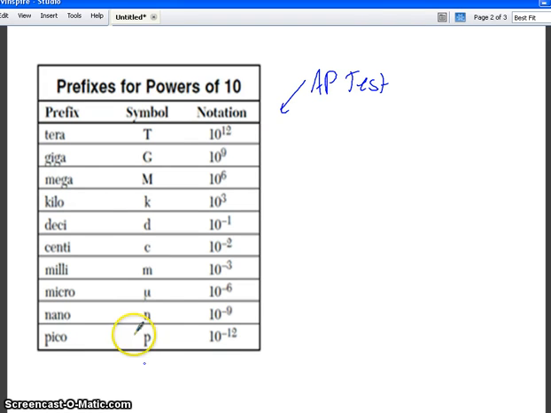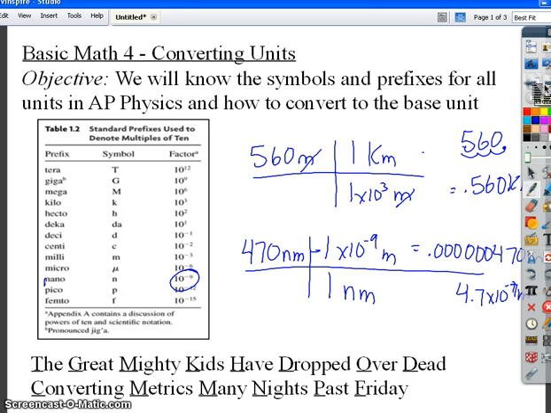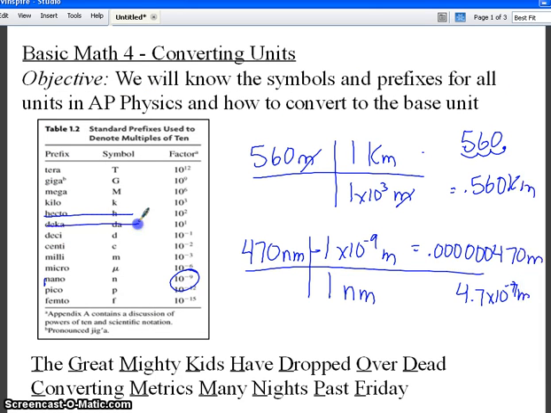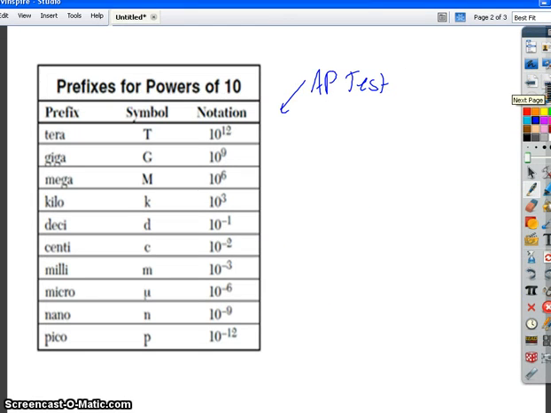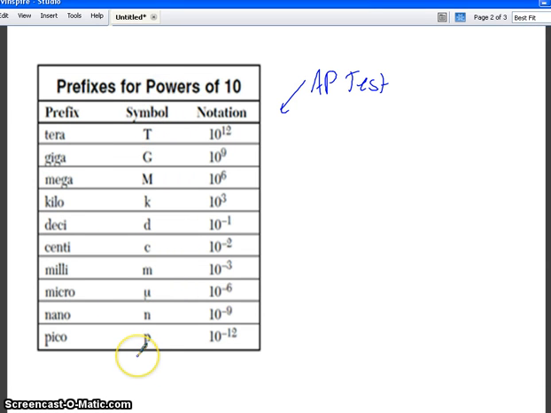You'll notice this list is a little bit shorter than the list back here because the reality is we really don't use hecto at all. I don't think I've ever used deca either. We don't really use femto that much, to be honest with you, but there's a practical reality here that these are the ones you will probably use right here. So this is what you're going to see on the AP test.